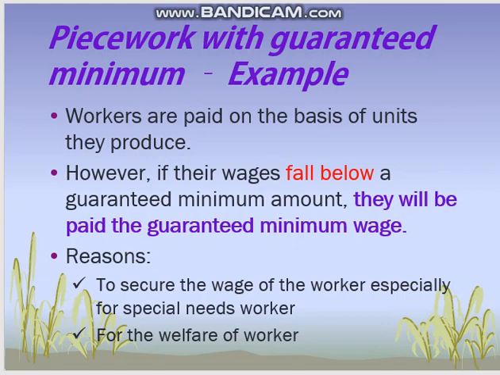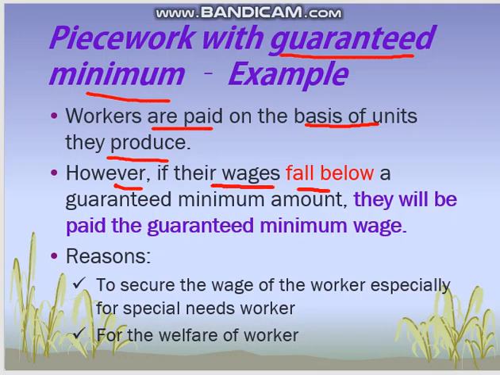Now we move on to piecework with minimum guaranteed. Here the employee is guaranteed a certain amount. Workers are paid based on the units produced. For example, if they produce 100, they are paid based on the 100 units. However, if their wages fall below a guaranteed minimum, they will be paid the minimum guarantee.